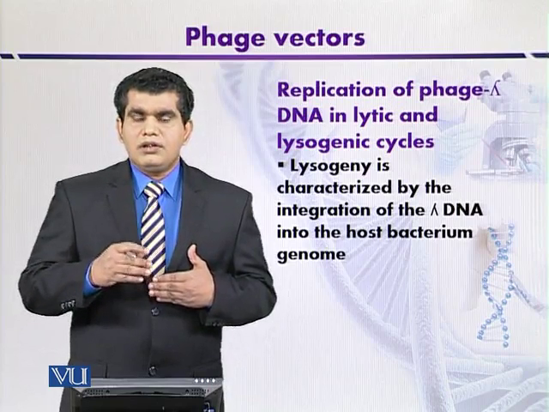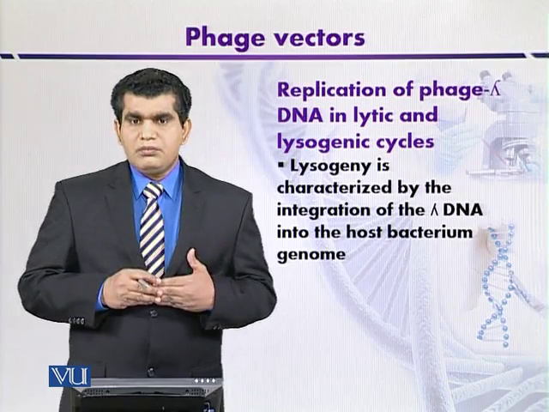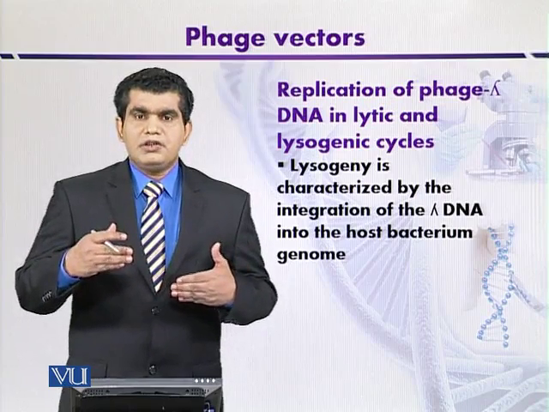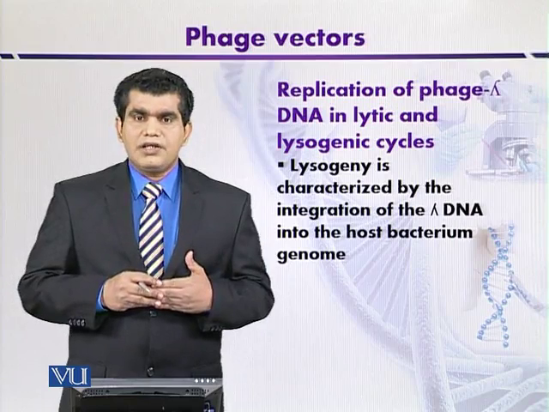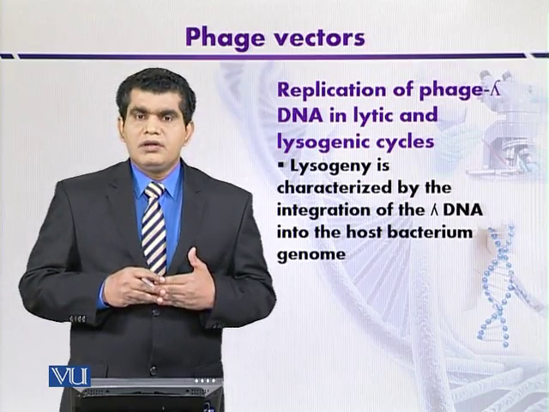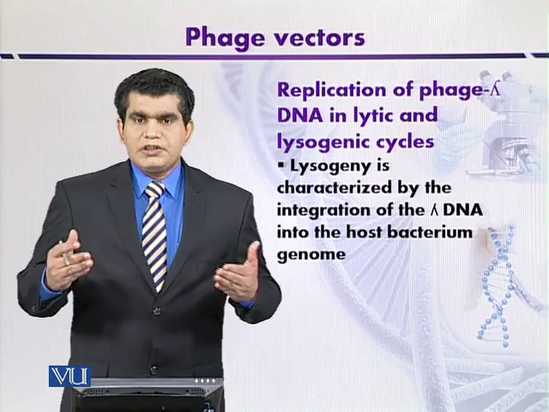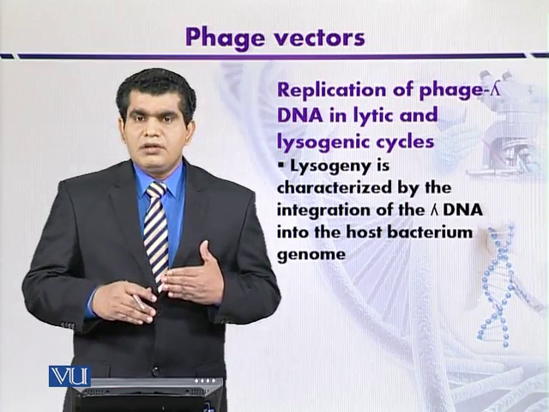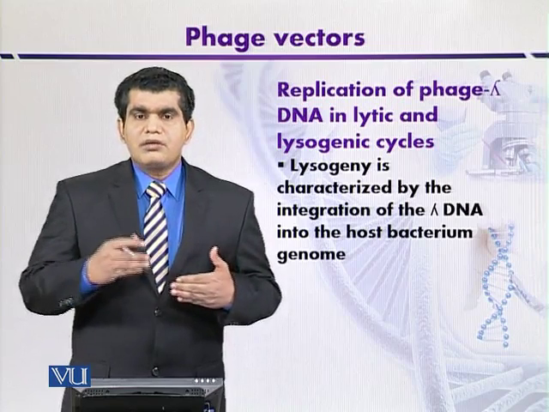So after entry of the lambda genome, there may be two possibilities: it may enter into the lytic phase or the lysogenic phase, where prophage formation takes place in lysogeny, in which the lambda genome is integrated into the host genome.